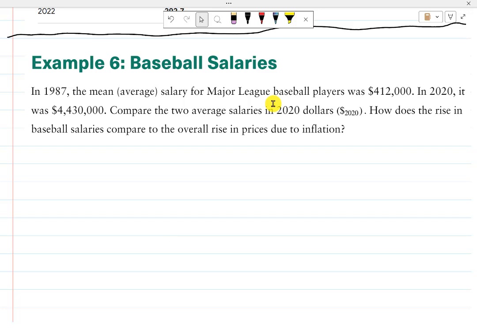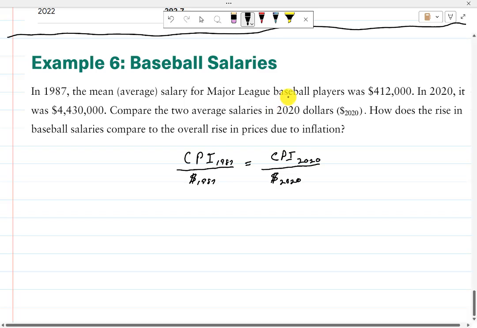So since we're talking about 2020 dollars, the equation relating everything here is CPI 1987 divided by the dollars in 1987, and then we'll have the CPI in 2020 divided by the dollars in 2020. So I guess I want to solve for this thing down here because they talked about the 2020 dollars.